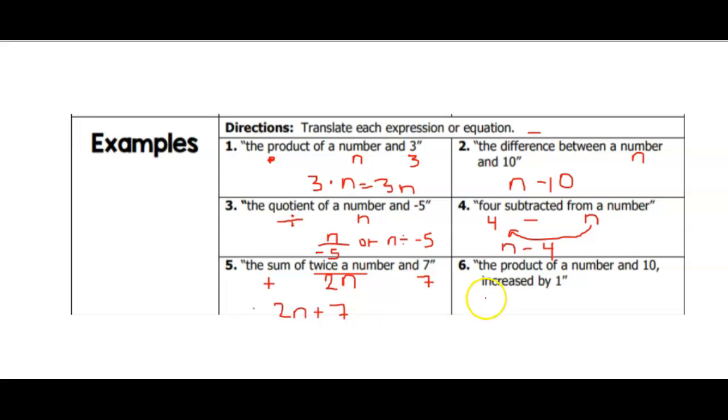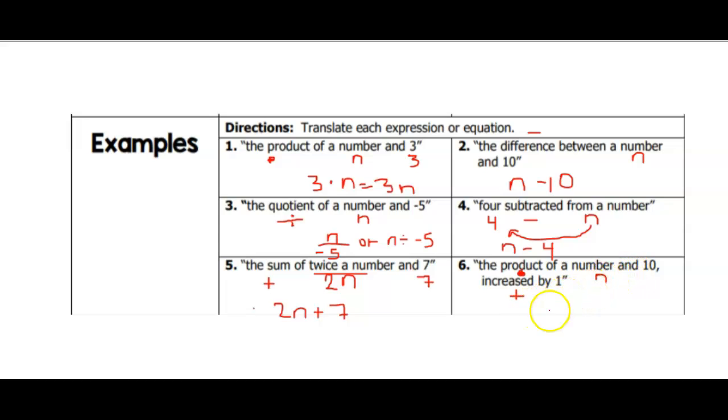Now, guys, let's go to the last one. The product of a number and 10 increased by 1. The product of a number, so that's n and 10. Hey, when they say product, that means I'm multiplying. Miss Bennett is going to put the dot there. And then I'm going to increase by. Remember, increase by was adding. So I need to multiply 10 times n, and then I need to add 1.